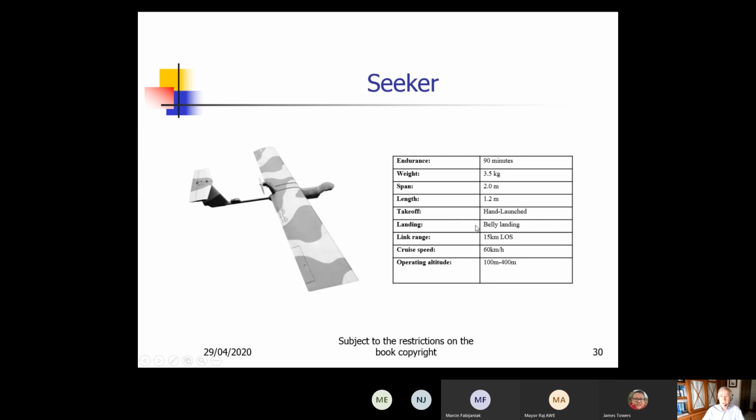The aircraft has 2 meters of span, 1.2 meters of length, 90 minutes of endurance, 15 kilometers of link range, and a cruise speed of 60 kilometers per hour. Right now it is in test by the Spanish Army.